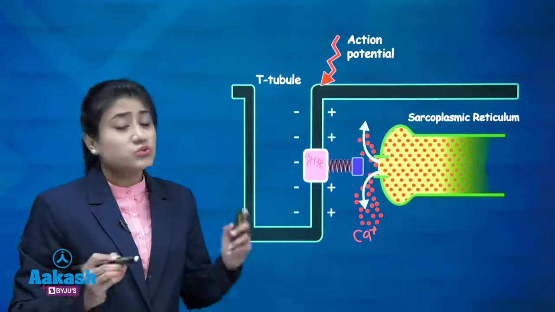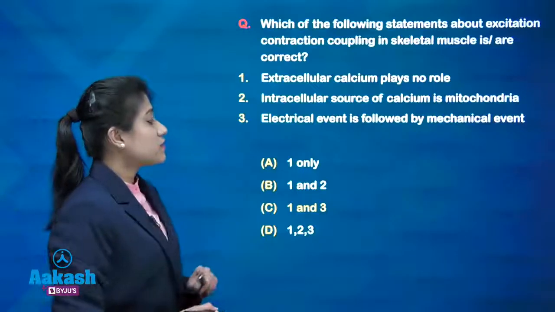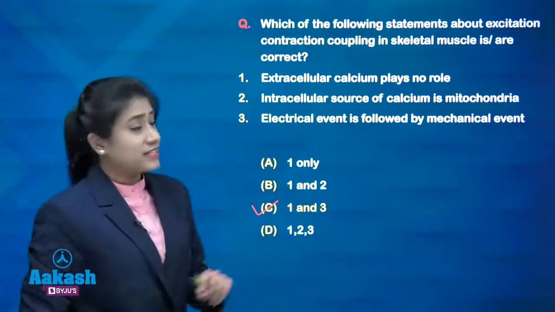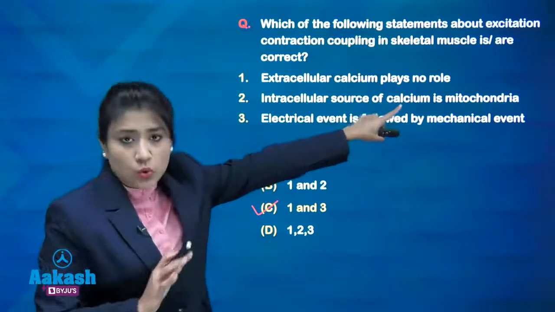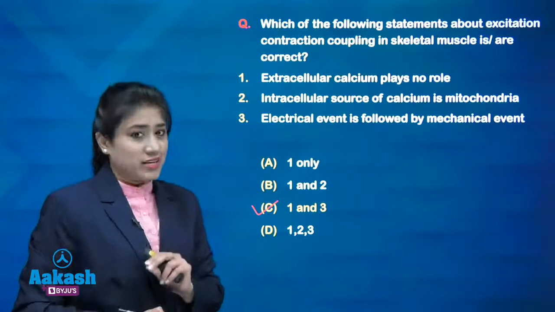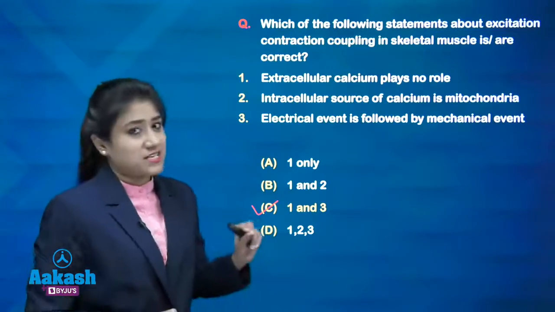Okay guys, you should know this point. So, that's why the answer to this question is 1 and 3. That is, extracellular calcium plays no role. It is the sarcoplasmic reticulum calcium which plays a role in excitation contraction coupling of skeletal muscle.